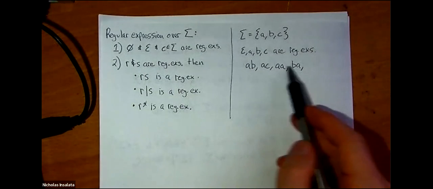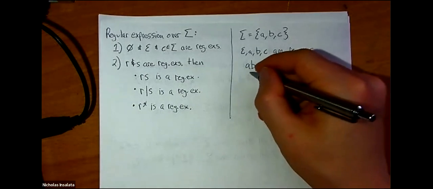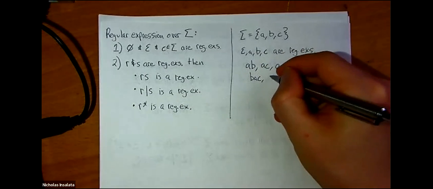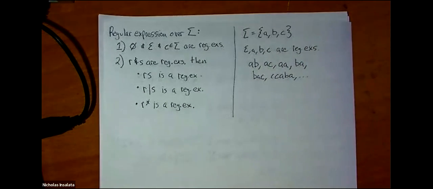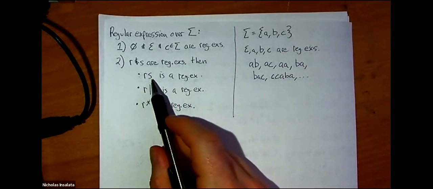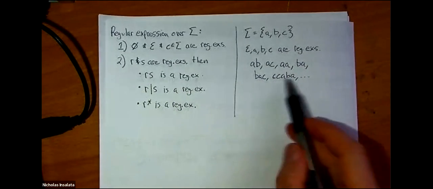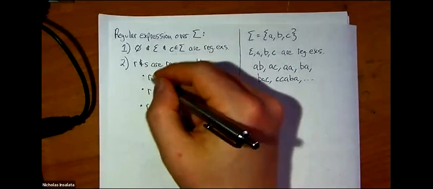If BA is a regular expression, so is BAC, right? Or CCABA. You can make these as long as you want, right? Because you can continue to apply this rule recursively to make your strings longer and longer inside of your regular expression, right? You could also use this, what's called the OR symbol.